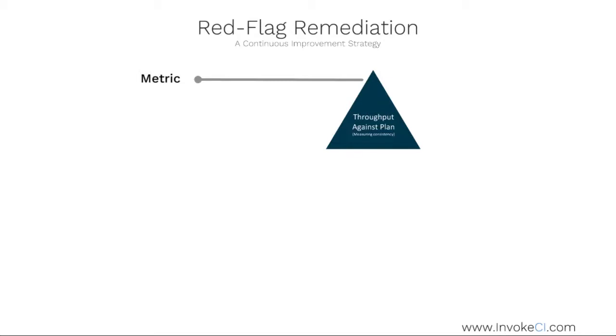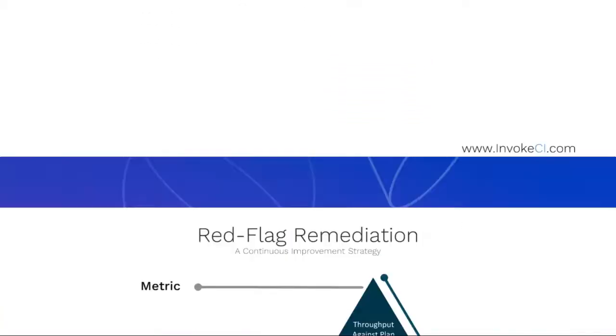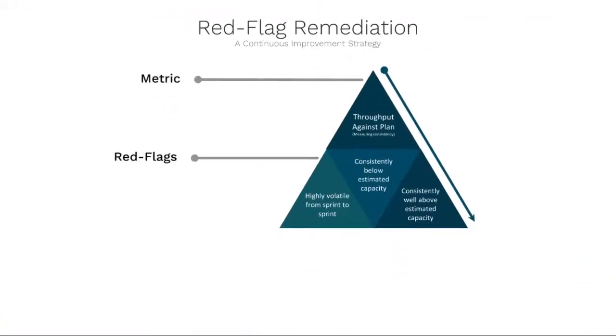So leveraging this particular metric, you may have noticed that there are a few red flags that have been occurring. Maybe your teams are highly volatile from sprint to sprint, or maybe the teams are consistently below the estimated capacity for whatever reason. Maybe teams are well above the estimated capacity for a number of different reasons.